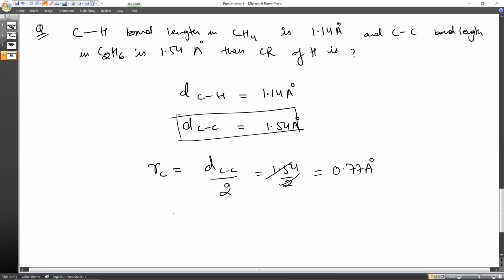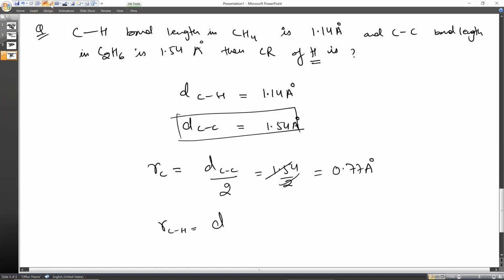Now what is being asked here is the covalent radius of hydrogen.